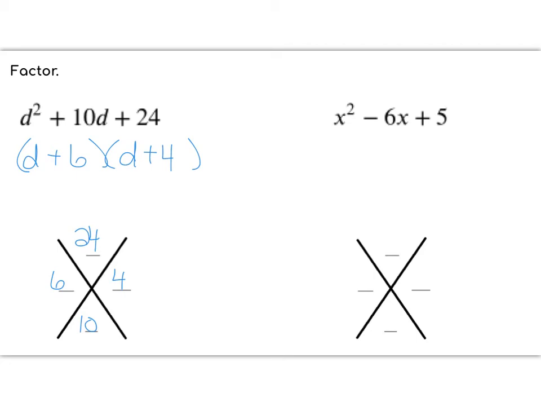The next one I want to factor is x squared minus 6x plus 5. So notice I have the negative here, so I need to be careful. My product is a positive 5, that's the last term, and my middle coefficient is the sum. So that's a negative 6. So I need to find two numbers whose product is a positive 5, but whose sum is a negative 6. What do you think they are?